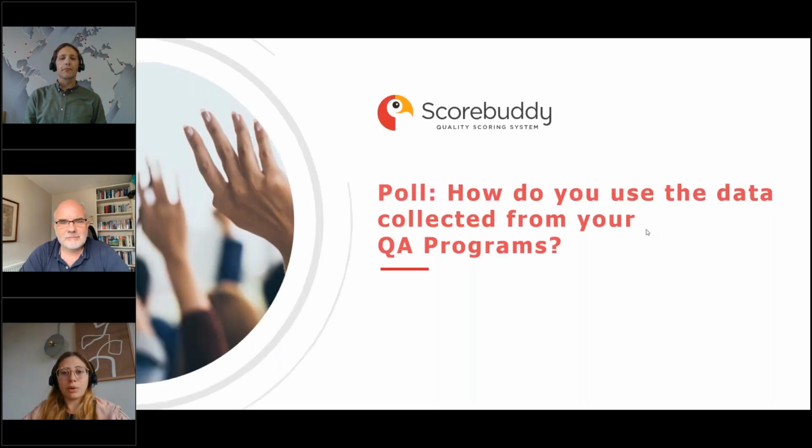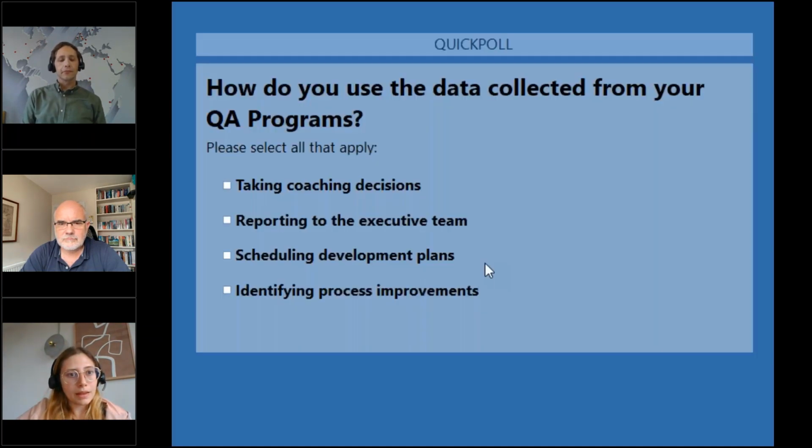So we're going to have a poll now, and the question is, how do you use data collected from your QA programs? I'm launching the poll now, and it's launched. Just going to give you some time to answer. We have some different options, but you can click whatever feels best.